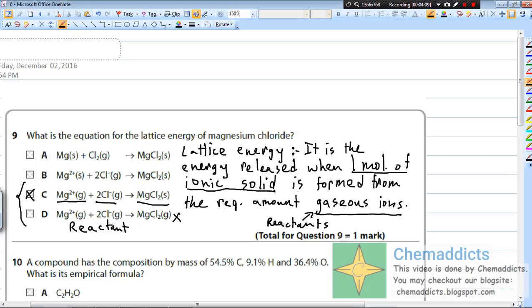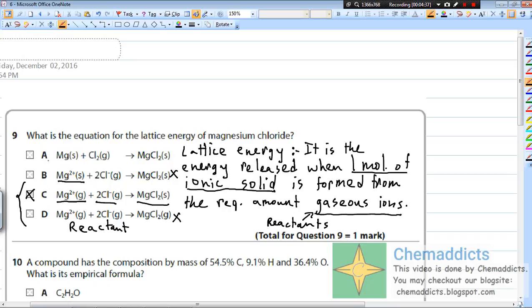B might also be an option, but we can see that one of the reactants is solid, so it does not match the definition. That is why we are ignoring B.